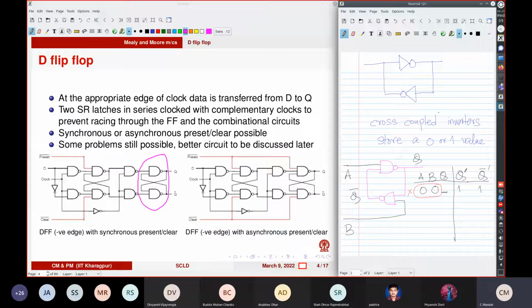So let us consider another. Sir, what is the quantity Q bar prime? Yeah, this is the next value. So this is, let us say, new values. These are your new values. All right.